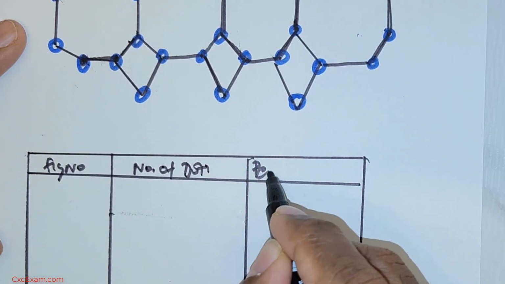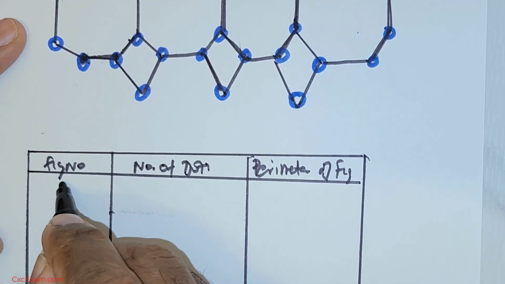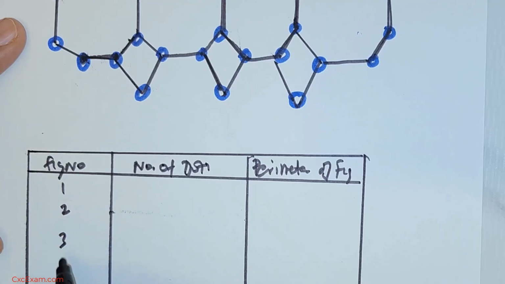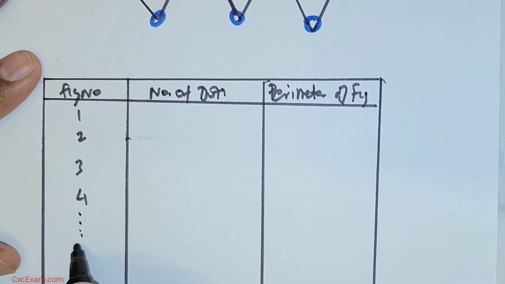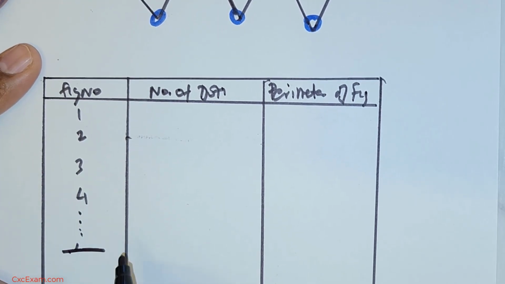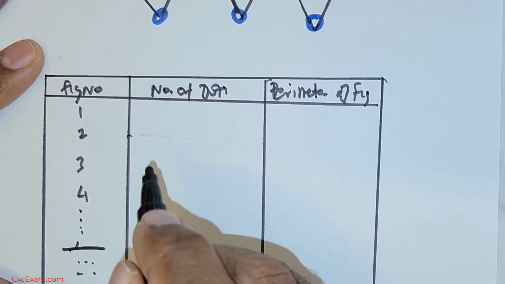This is the perimeter of the figure. So 1, 2, 3, 4. We are not given anything over here, but we are asked to find this number. Not given anything over here, and then we are asked to find n.